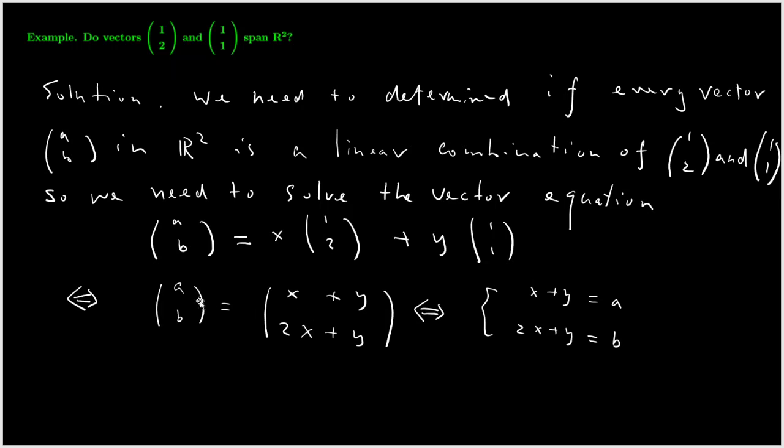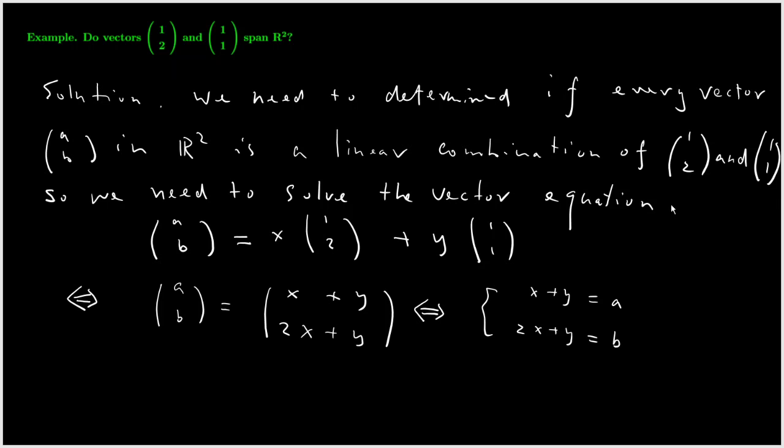You compare the corresponding components, and you have a linear system. Now we need to solve the system to see if there's a solution. As long as the system has a solution, it means you have a value of x and a value of y satisfying the original vector equation, right?